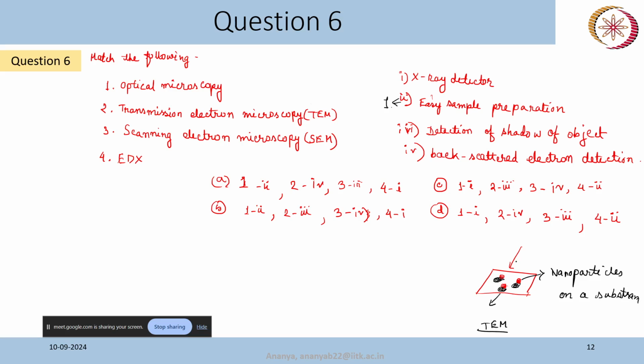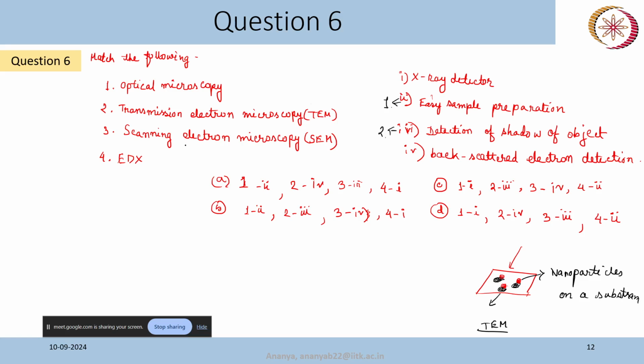Now if the beam is vertical, you will not see the shadows. You will see some contrast due to these particles, because it's a black and white or grayscale image. But if your beam is tilted, you will see a shadow like we see in case of visible light. So for TEM, the correct option is detection of shadow of object. So this is 2.